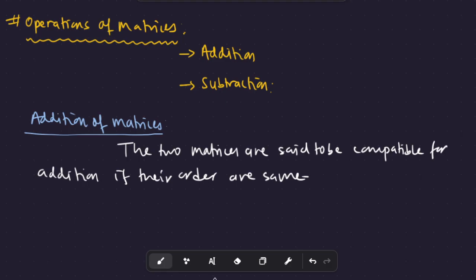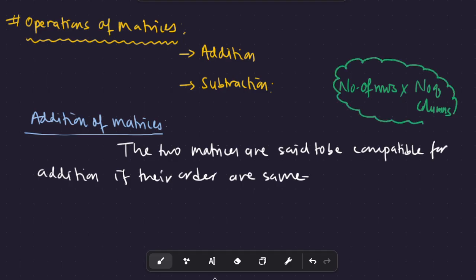The order is denoted by number of rows by number of columns. This is the order. That means if two matrices have the same order, the number of rows are equal and their number of columns are also equal.